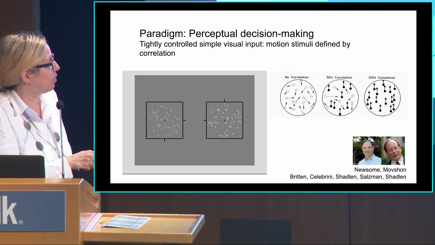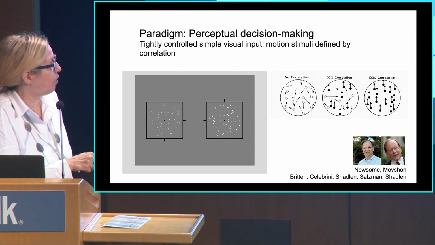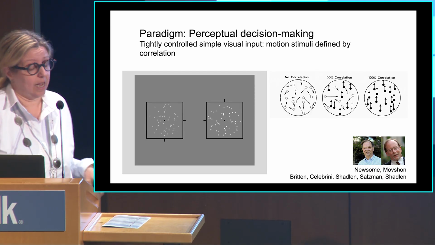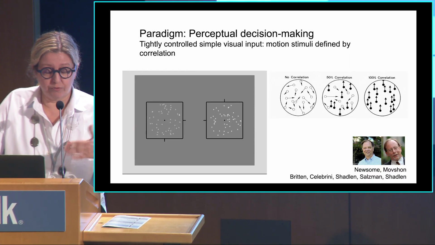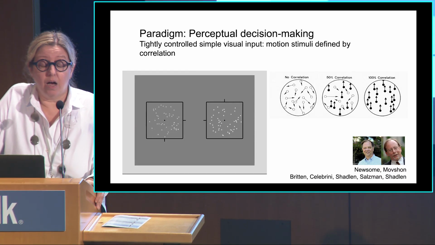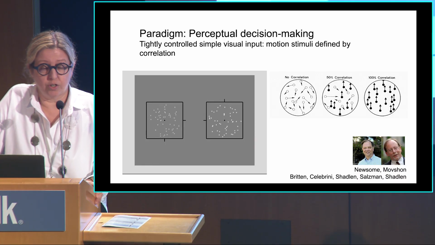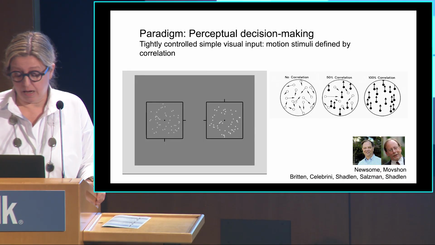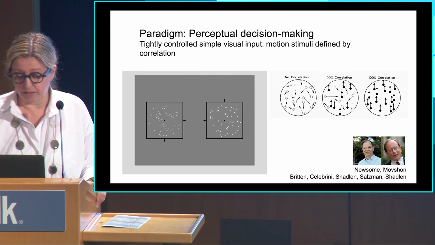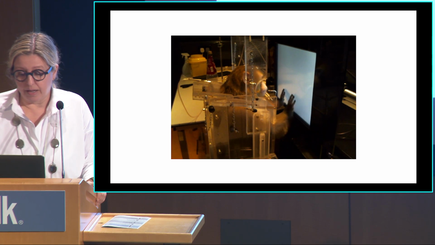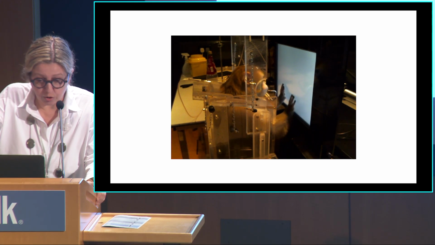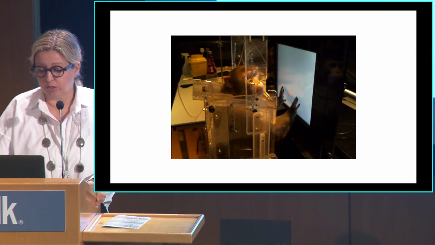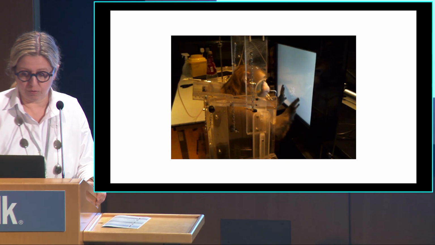We can control in experiments the degree of correlation from completely random to fully correlated, and then look at how the different levels in the visual system represent the sensory information, and how this relates to when the stimulus is completely ambiguous and the percept is defined by signals in the brain. These kinds of stimuli allow us to probe behavior and neural recording simultaneously in awake trained macaques, and all the data I'm showing you today is from rhesus macaque monkeys.